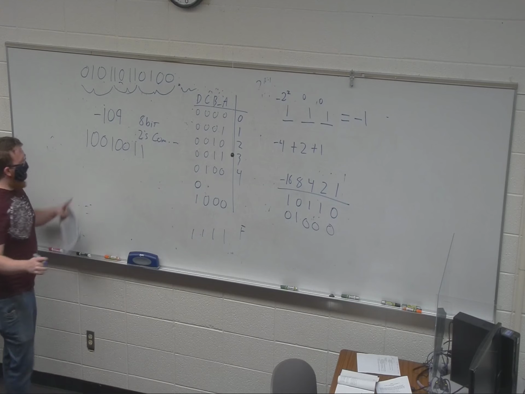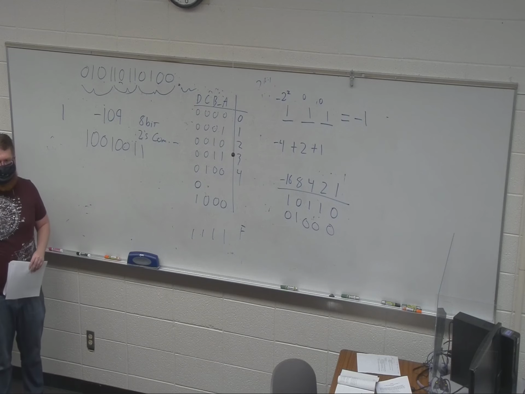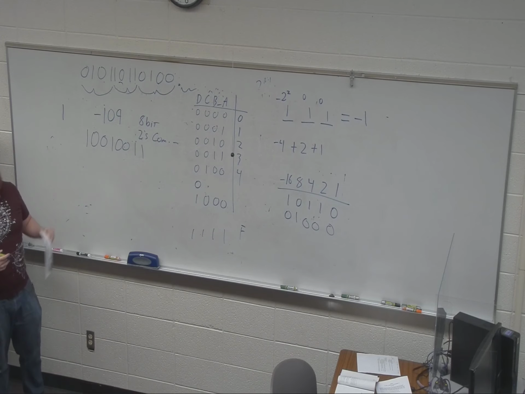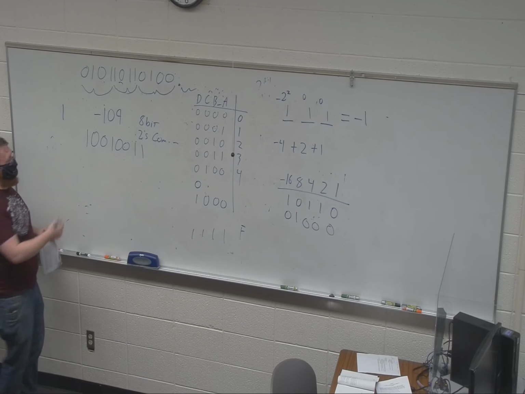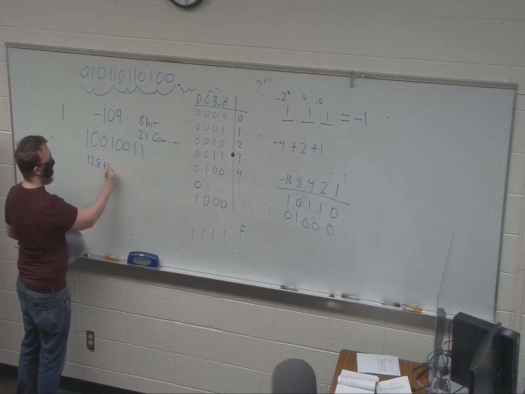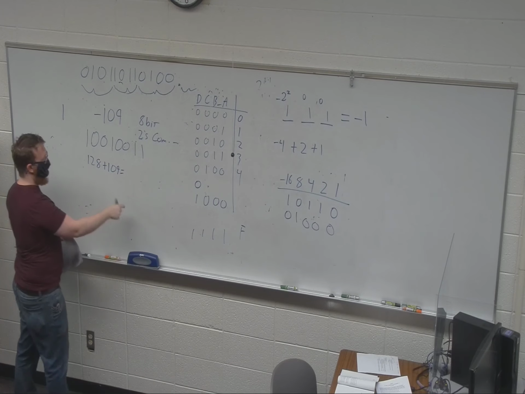The first step is, if you have a negative, you just write down the 1 for the negative, and then you add the equivalent of the MSB to the negative number. The MSB is 128. So you take 128 plus 109, and that is equal to 19.